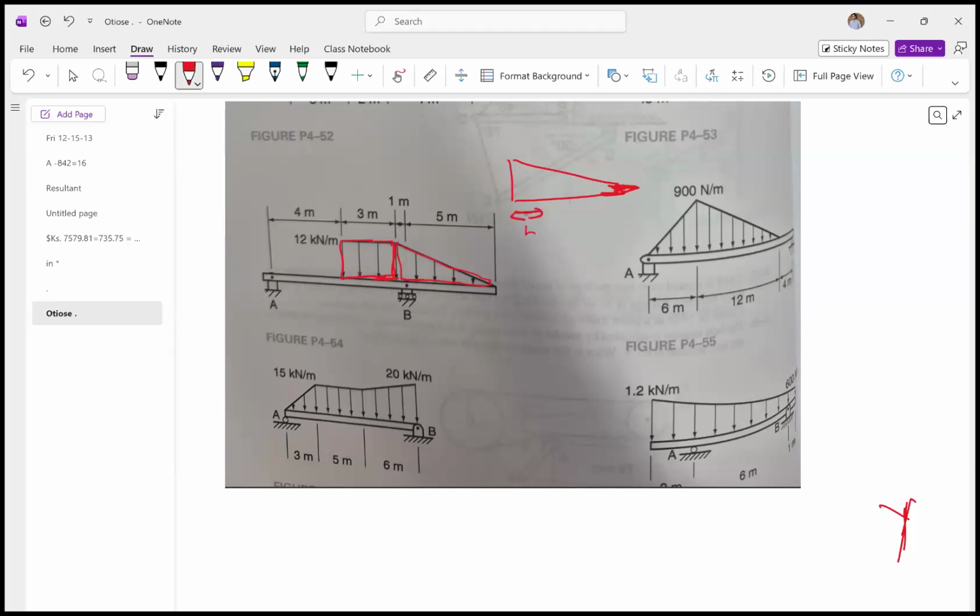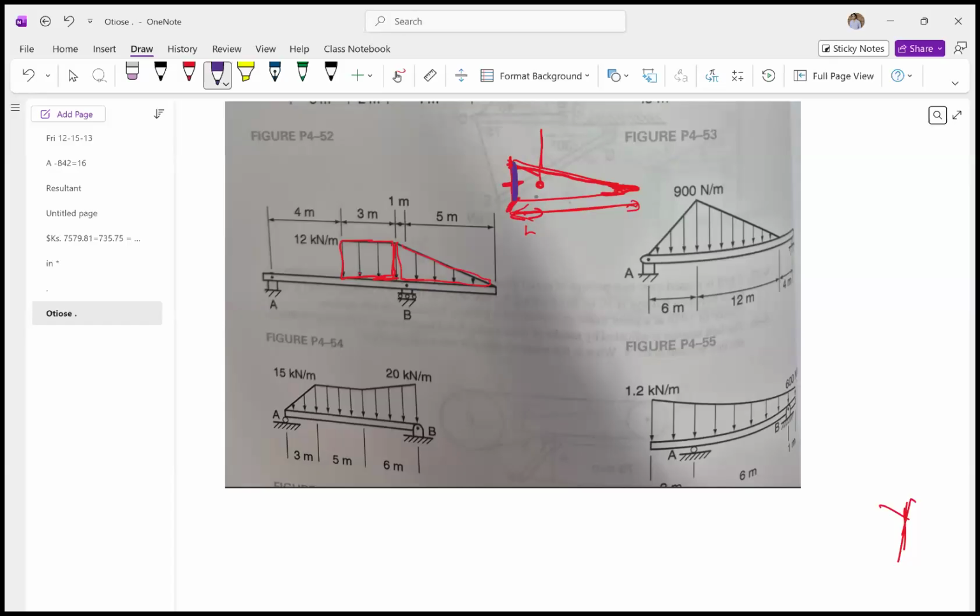So if this total length is L, the point load we will show at a distance of L by 3 from this end. Okay, from this end, the one which I am coloring with the violet color.